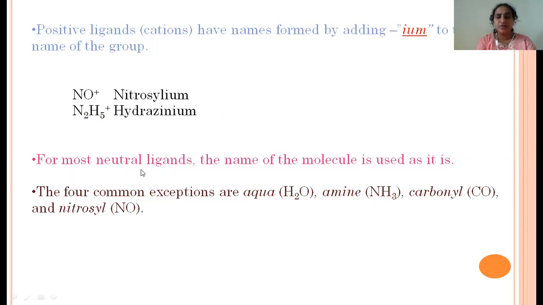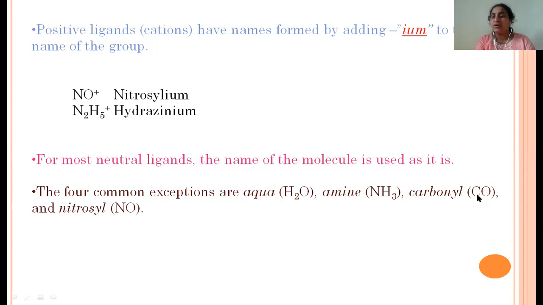And whenever neutral ligands are present, we can write those neutral ligands as they are. Only a few exceptions are present, which are aqua, ammine, carbonyl, and nitrosyl. Generally it is called water, but in coordination chemistry we have to write it as aqua. This one we generally say ammonia, but while writing the IUPAC nomenclature we say ammine.